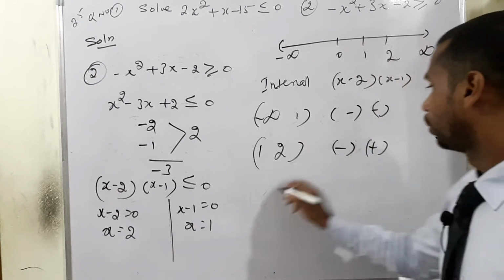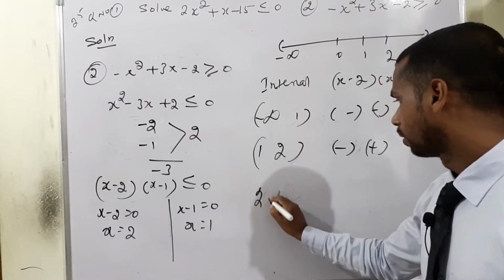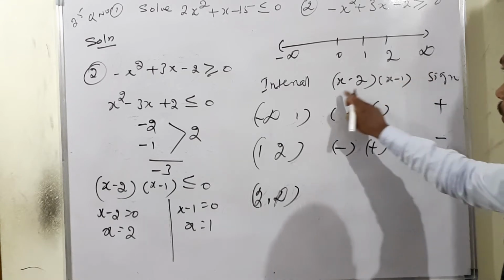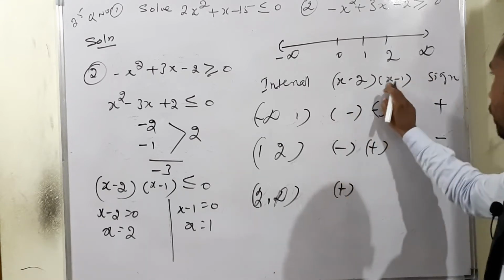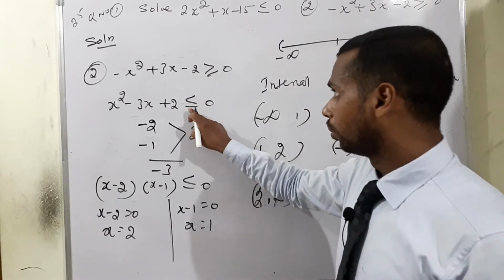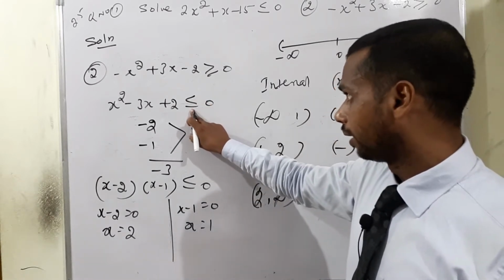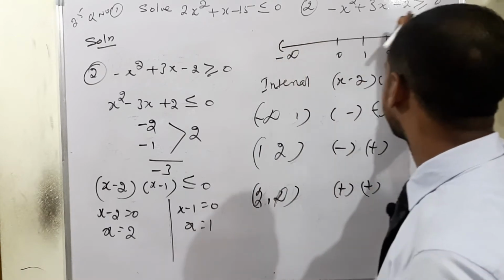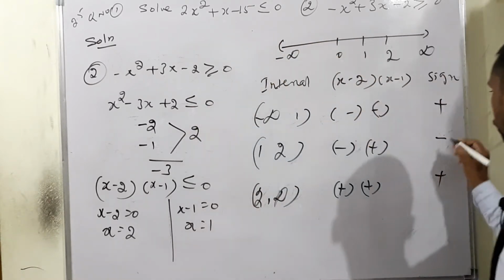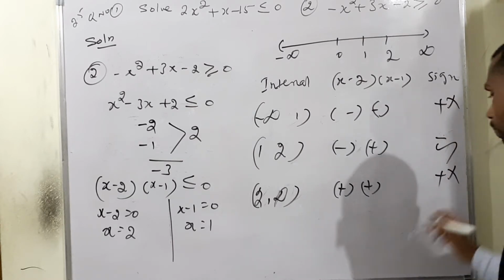Last interval, 2 to infinity. We can take 3. 3 minus 2 is plus, again 3 minus 1 is plus. Plus into plus is plus. But we have to look at the condition, which is less than or equal to 0. The given question says greater than, but we converted it to less than or equal to 0. Therefore, only the second case; the first and last are not possible.